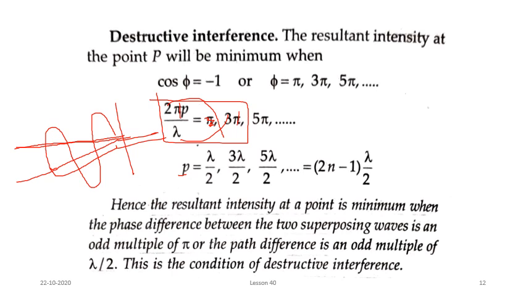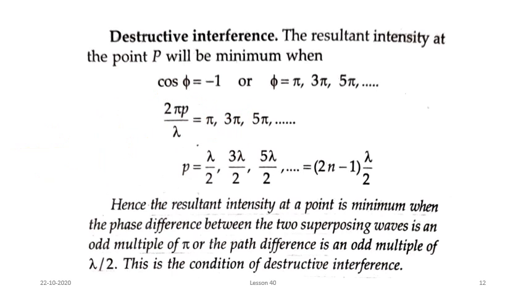Now similarly, your last case: pi gets cancelled, lambda will go to the numerator, 2 will go to the denominator. So when path difference equals 5 lambda by 2, in that case also you will obtain the dark fringe. So if the phase angle is an odd multiple of pi, then you will obtain the dark fringe.